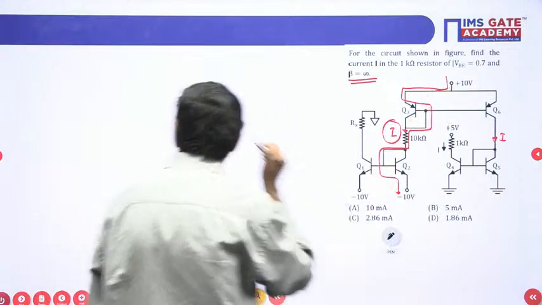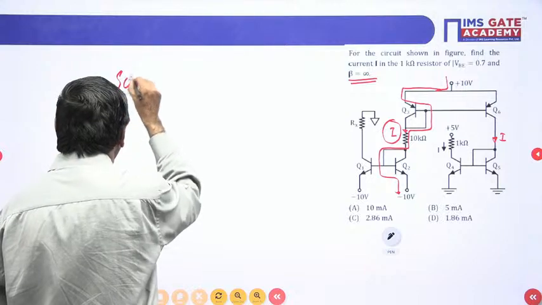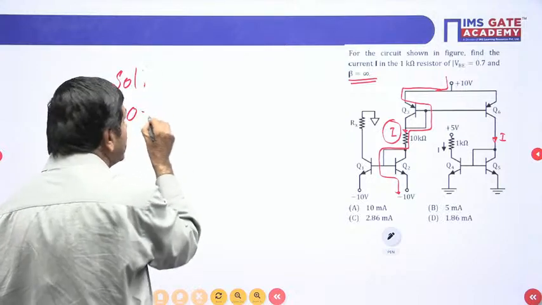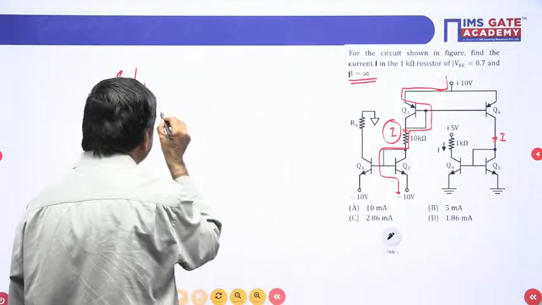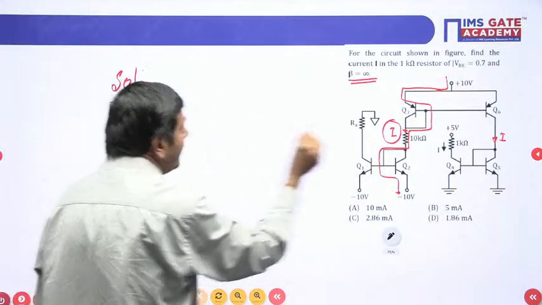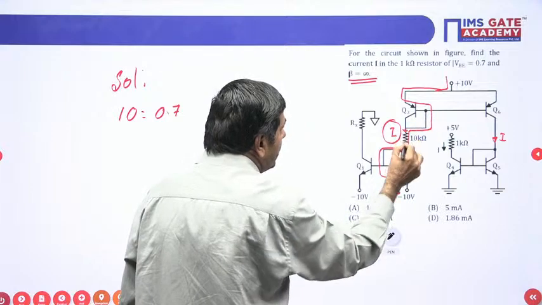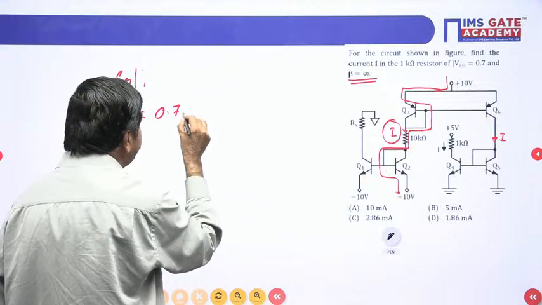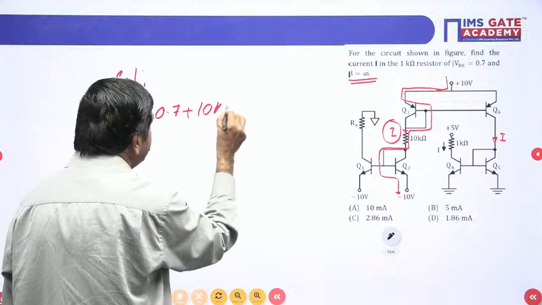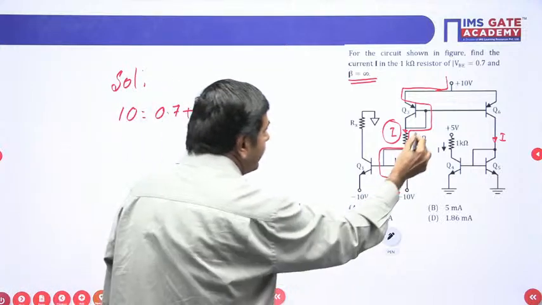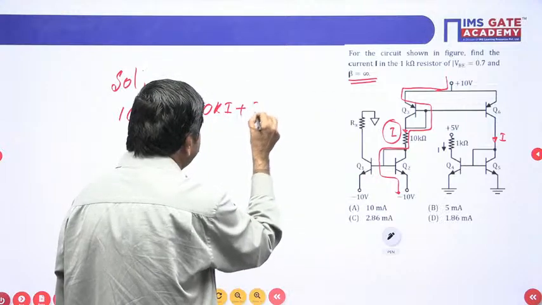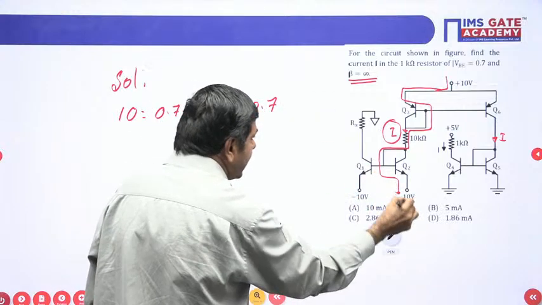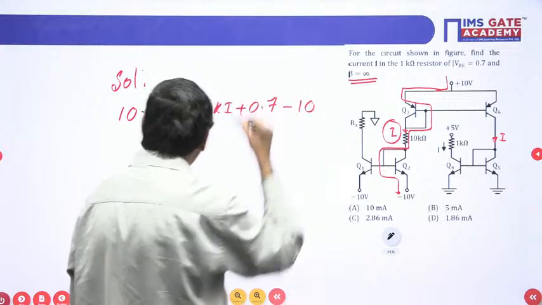Supply voltage, given here as 10 volts, equals, when you go this side, base to emitter voltage given as 0.7 volt here. When you go this side, there is no drop. Drop across 10K becomes 10K into I. When you go this side, again some drop, 0.7 here. When you go this side, minus 10 volts you can have.